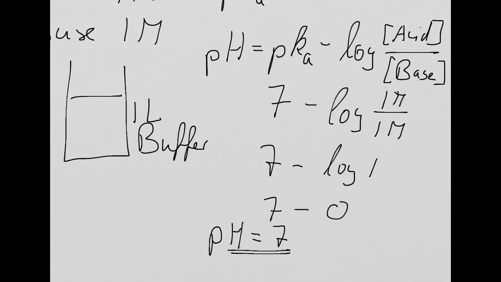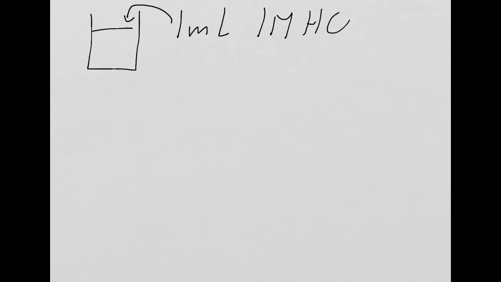Okay. Now we take our buffer and we add 1 milliliter of 1 molar hydrochloric acid again. What's going to happen? What do you think the pH will do? pH will be slightly less.